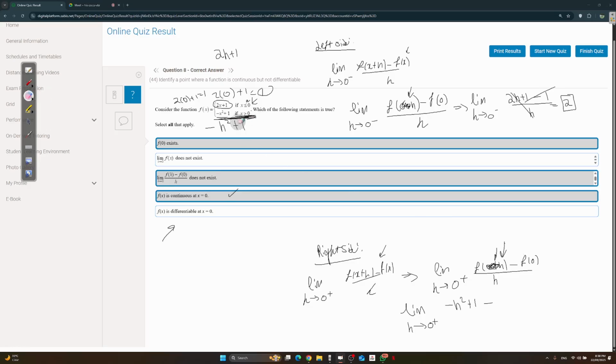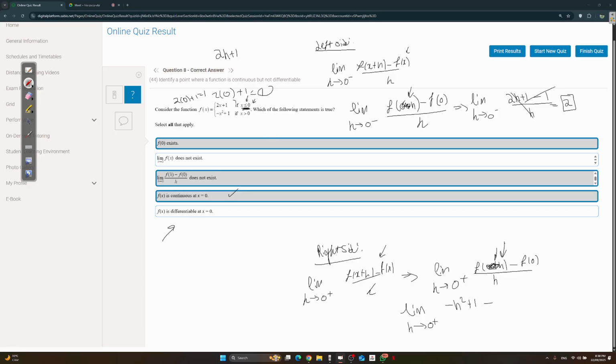No. f of 0 doesn't depend on the plus or the minus. It depends on the function. Where is the function defined at 0? The function is defined at 0 in the first one because this is less than or equal to 0, right? So when you want to substitute 0, here it doesn't matter because you're going to get 1 for both. But I've solved so many questions where it's different. So you need to make sure you know where you're substituting the 0. The 0 doesn't change. It's independent. It only depends on the inequality here.